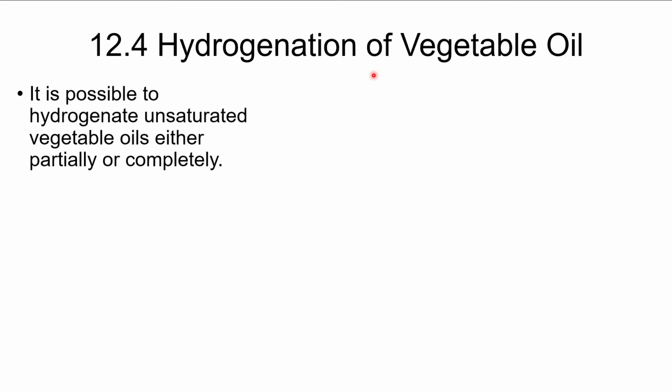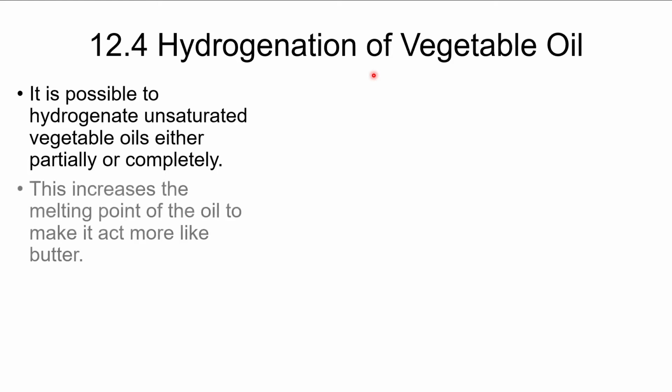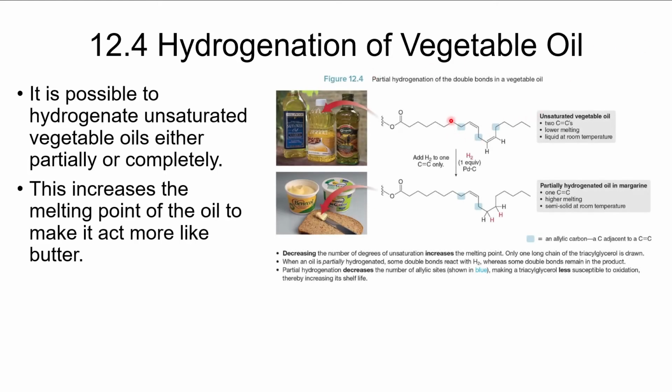Let's look at the hydrogenation of vegetable oils. And I bring this one up because it is a pertinent topic. It's important for understanding how a lot of vegetable oils will work. All right, so it's possible to take an unsaturated vegetable oil, and here I've got a picture of an unsaturated vegetable oil. This one is a polyunsaturated vegetable oil.